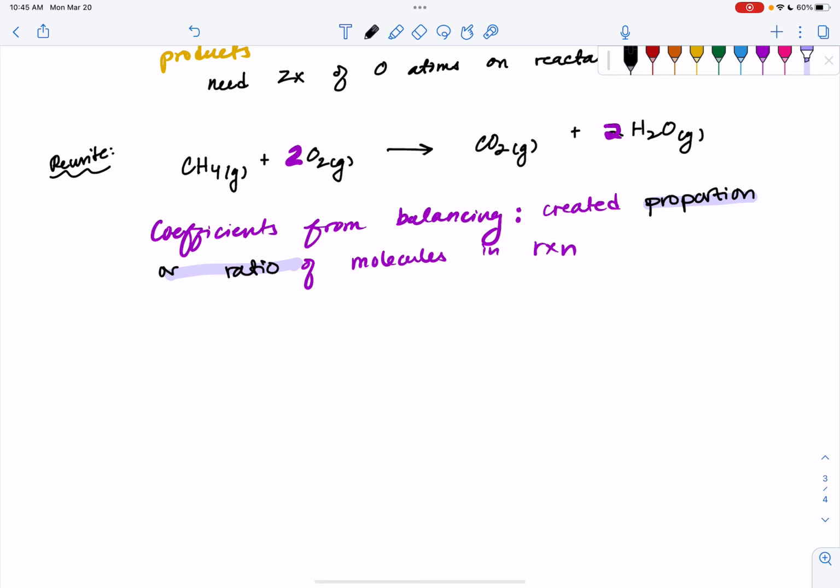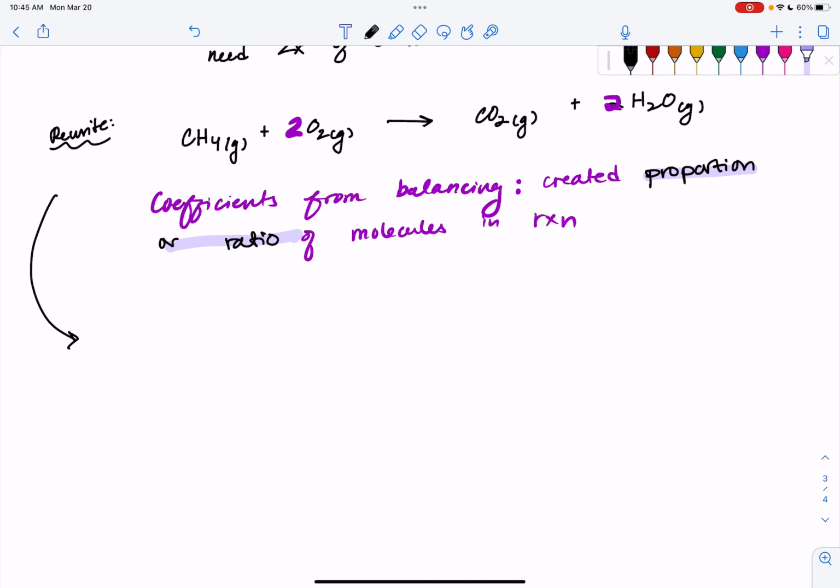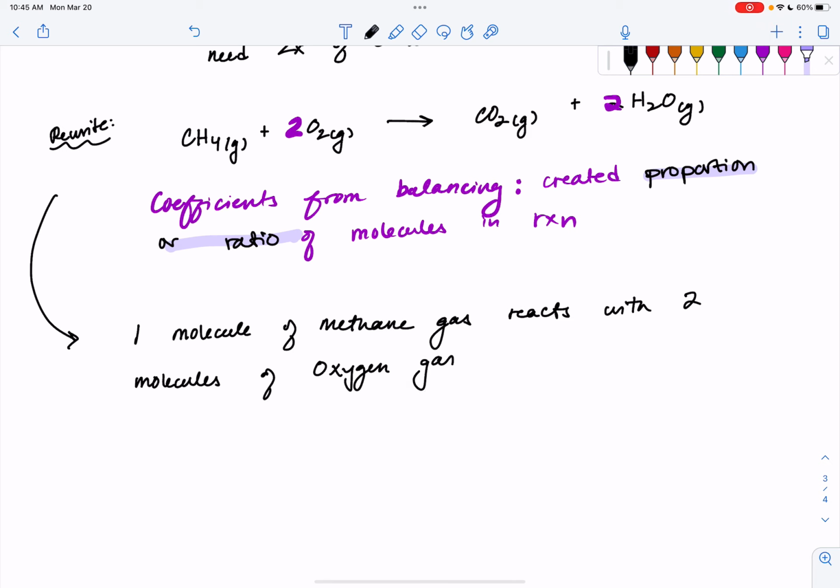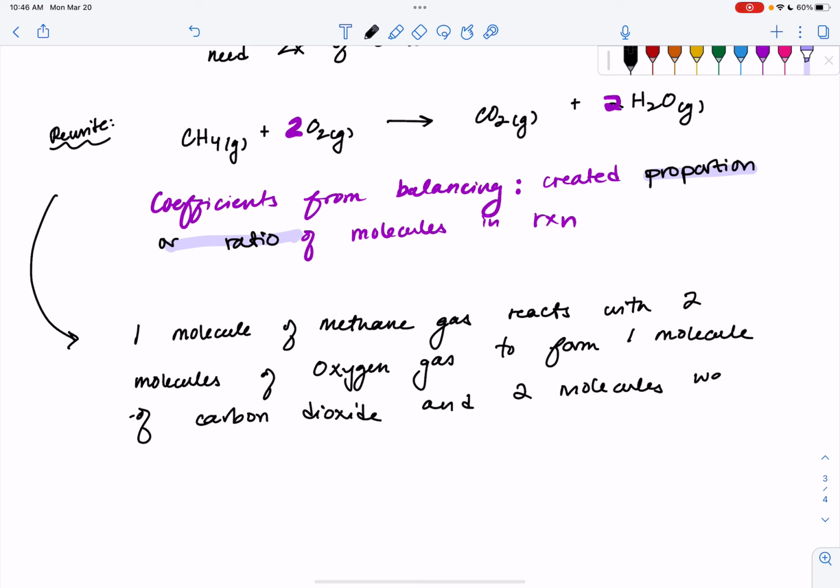So if I were to restate this chemical reaction into language, I would say 1 molecule of methane gas, and let's use full language here, reacts with 2 molecules of oxygen gas to form, to yield, to create, that's what that arrow means, 1 molecule of carbon dioxide and 2 molecules of water vapor.